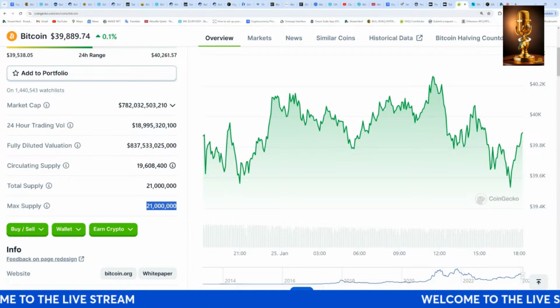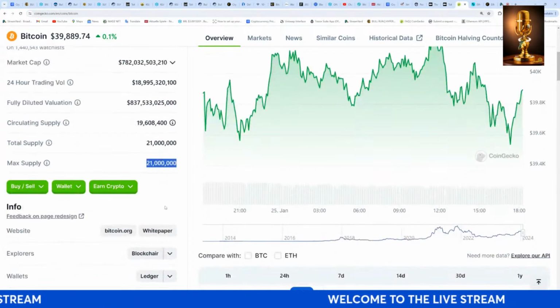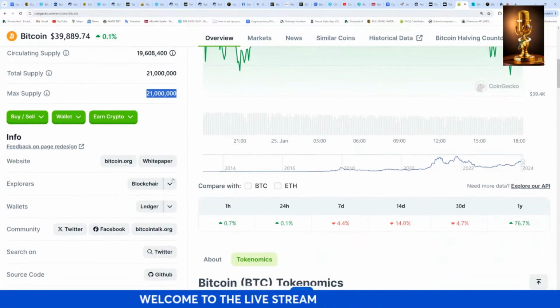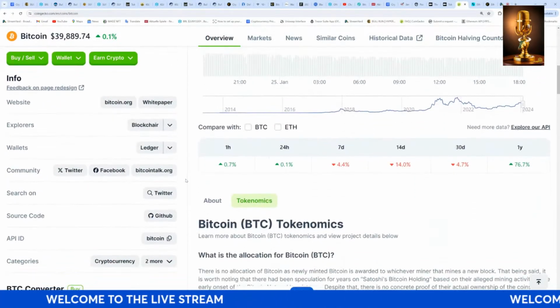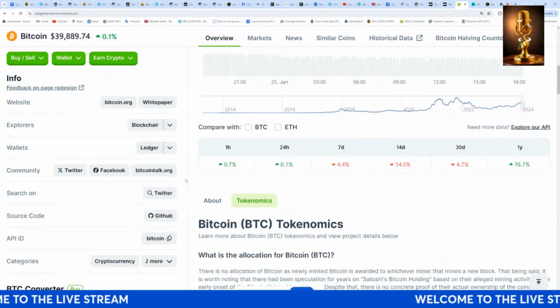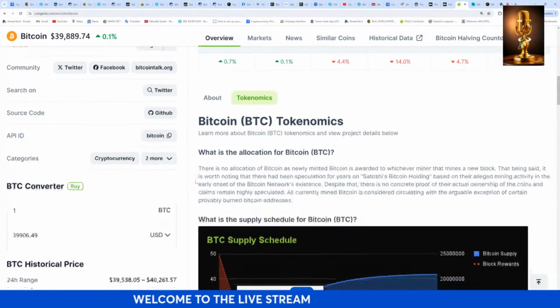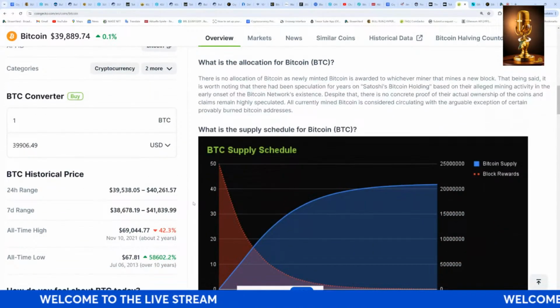But if we strictly look at tokenomics, it has a limited supply of 21 million. And yes, the founder gave himself roughly 5% of the supply, but that's normal. The main point here is that its tokenomics is very straightforward. Yes, it's inflationary, but the inflation is low.